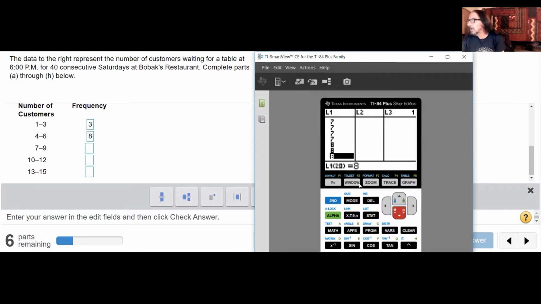So by going through the sorted table, it's now going from least to greatest. I can count up how many I'm seeing within each class.